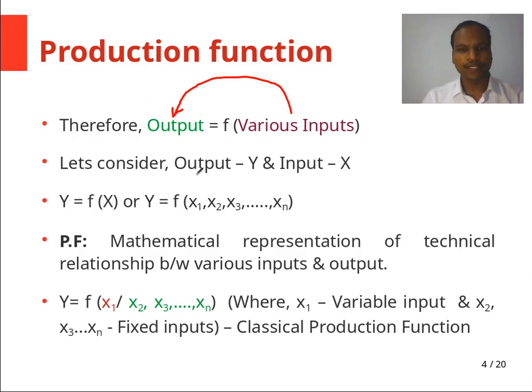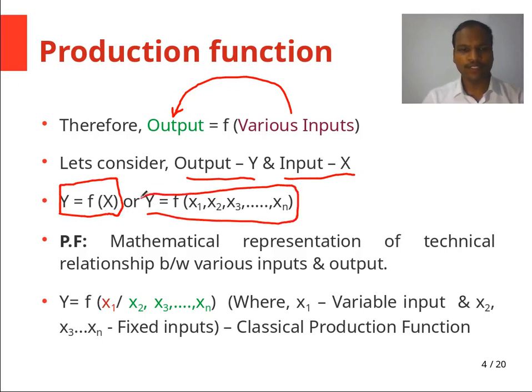When we consider output as y and input as x, we get the equation y equal to f of x, or y equal to function of the various inputs, seed, fertilizer, chemicals, etc. This input causes the output. Therefore y is a function of input.